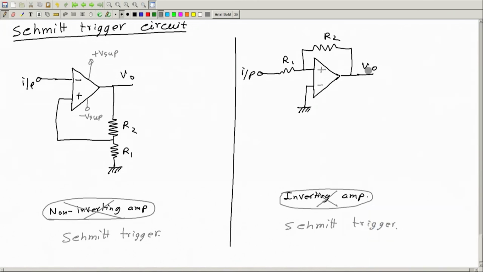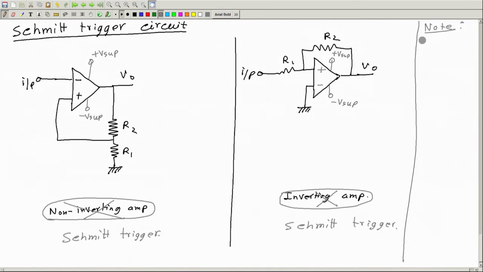Here also output can take only two possible stable values, V supply and minus V supply. Note that both these types of circuits will act as a Schmitt trigger. There is a small difference which we will study soon.